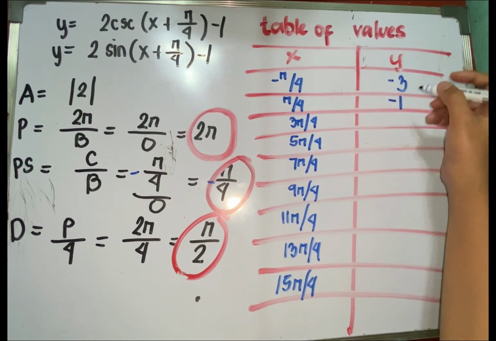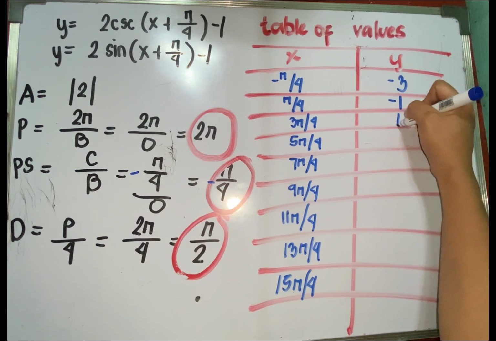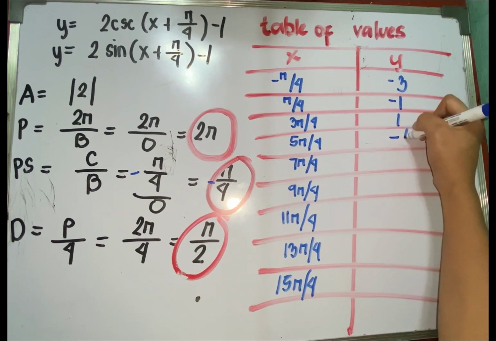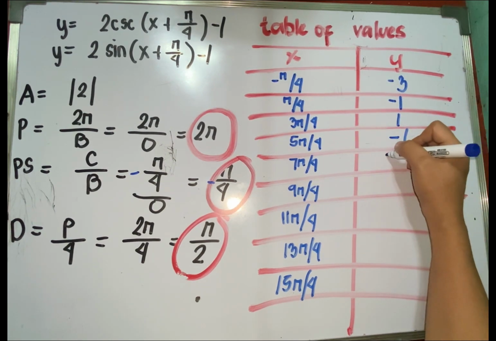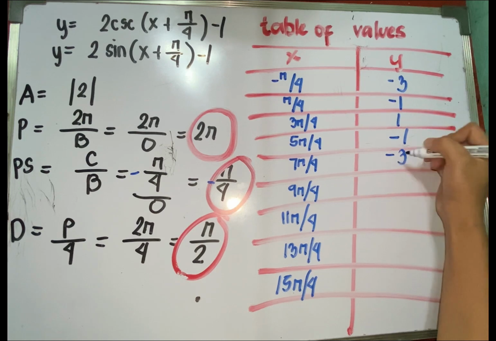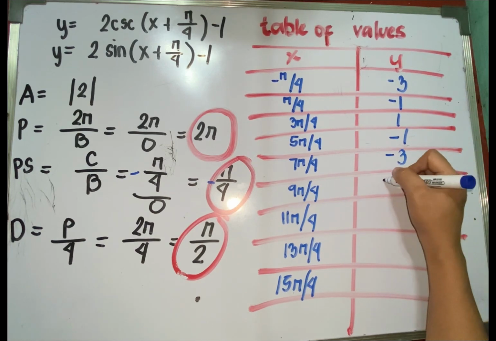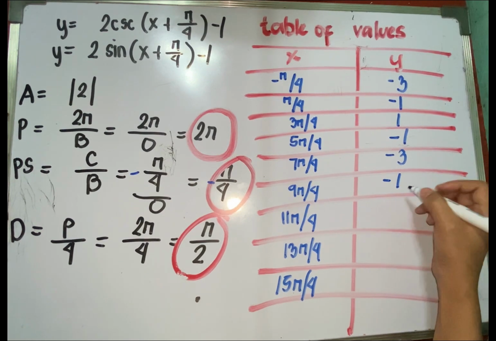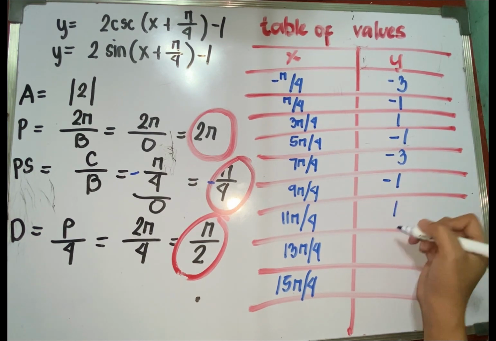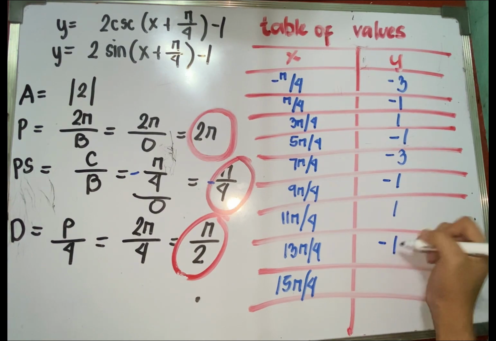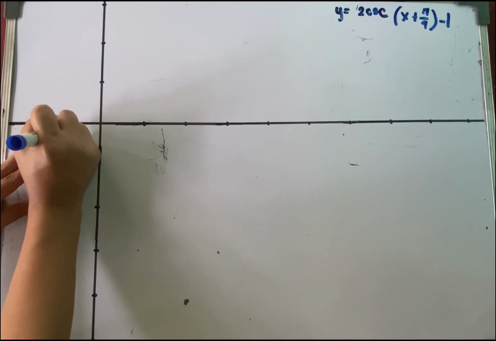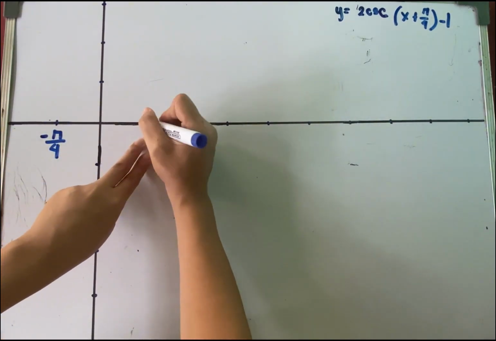And it comes to 1 again. And then -1. So -3. Then -1. Then 1. -1. -3. Since we are done doing our table of values, we can now move to our graphing.